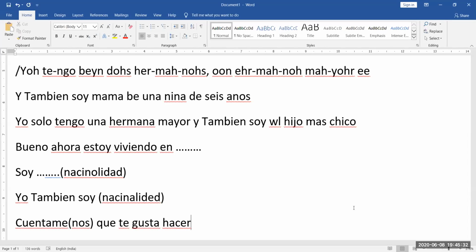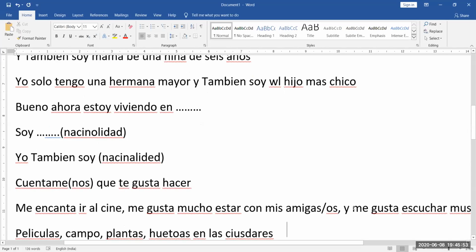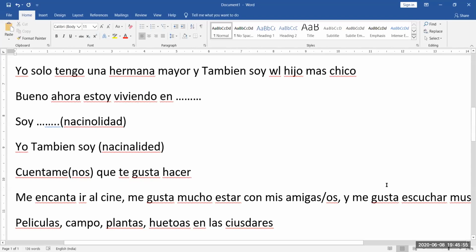So niña would be with that N with the hat instead of the normal N, because you have to extend the pronunciation of the second N. Let's just skip this middle line and move on to this one. One second.